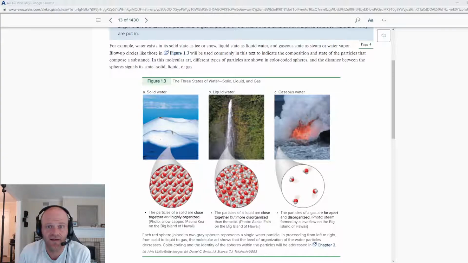So I've changed the chemical properties as well. Chemical properties are like smell, color, but even that can be a little ambiguous, right? Because if it becomes a gas, it loses its color. So that can be a little ambiguous, but I hope you can work your way through that.